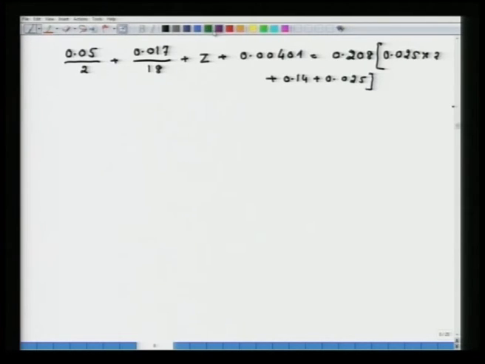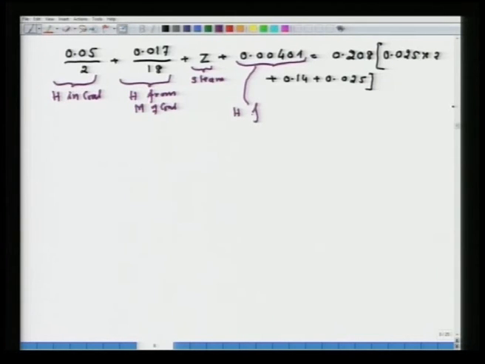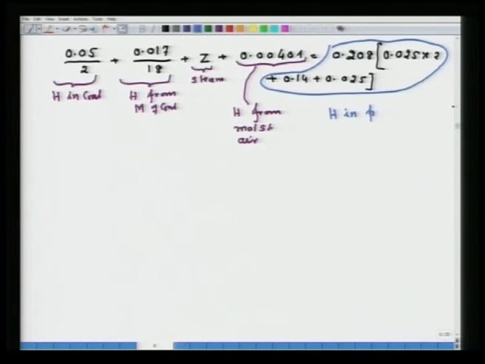So, for your orientation, what I am doing: this amount is H in coal, this amount is H from moisture of coal, M stands for moisture, Z we assumed steam, and this amount is H from moist air, and this amount is H in producer gas, including moisture, or steam or H2O, whatever you like to call.